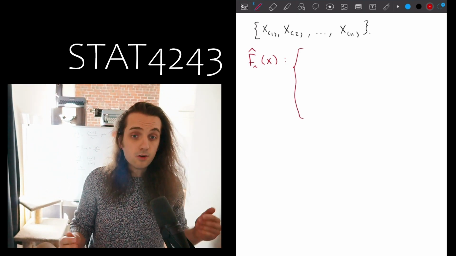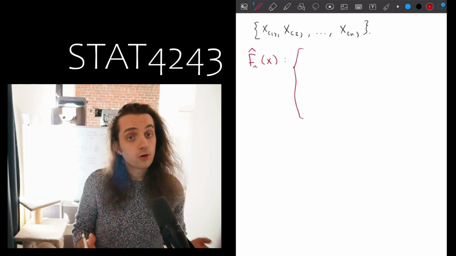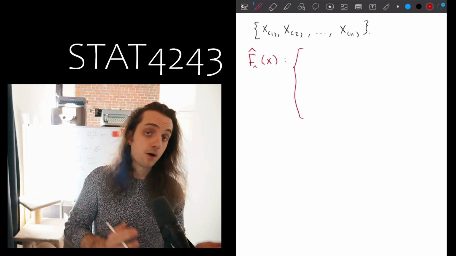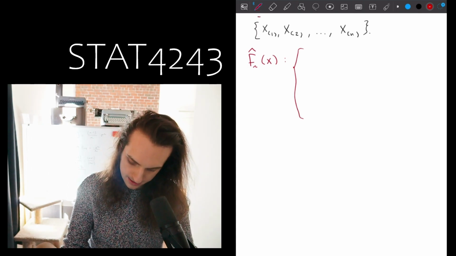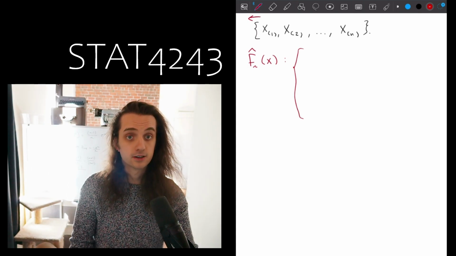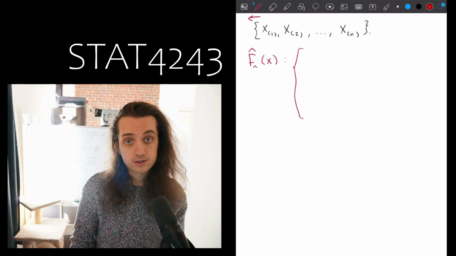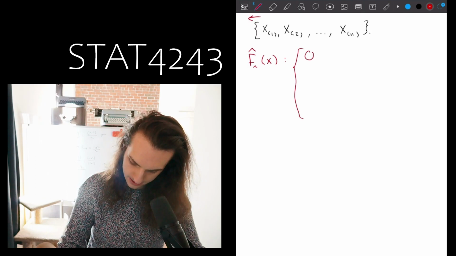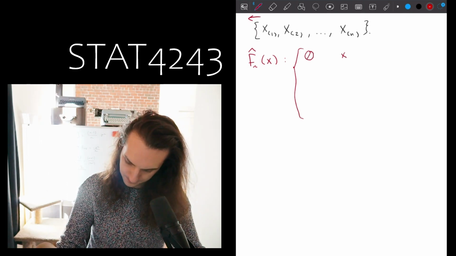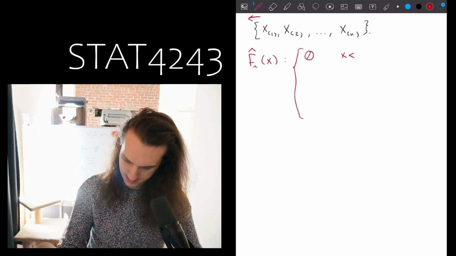Note that we're going to have the proportion of values that are smaller than the value of x that we plug in. So if we take anything that is less than our smallest value, the proportion of values that we observe down there is always going to be 0. So we're going to take 0 for all x less than x1.